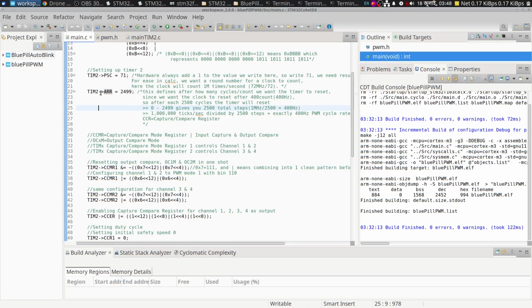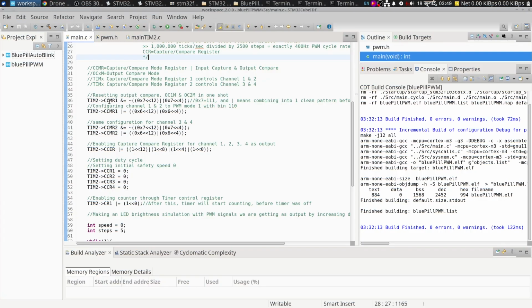So we have to keep the value of the auto reload register at 2500. This means that after 2500 counts, the counter will reset to 0 and start counting from 0 again. Since the hardware adds a 1, we're going to give the value 2499. After every 2500 counts, it will reset, and it will keep doing this 400 times every second, so the result would be 400 hertz.